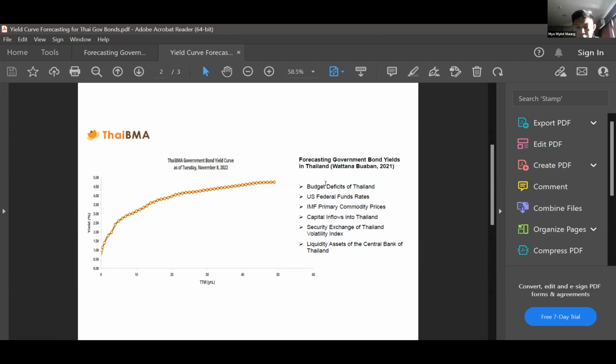And for the features, according to the dissertation, we can get them from the public data sets of the Bank of Thailand and the Ministry of Finance, as well as the Stock Exchange of Thailand. And as for the US and the International Monetary Fund data, there are also public data sets available on the net.